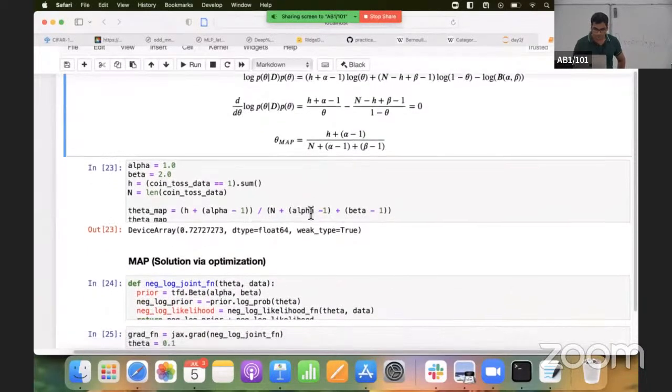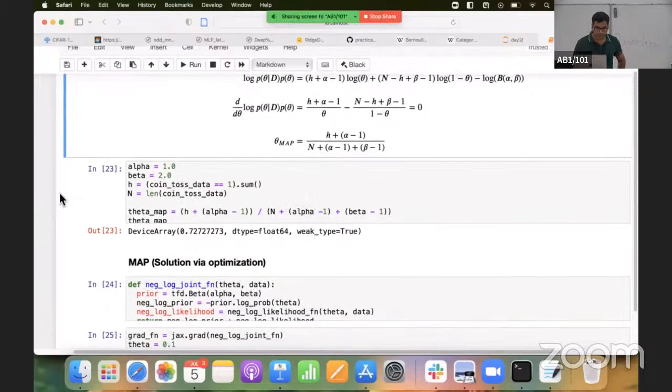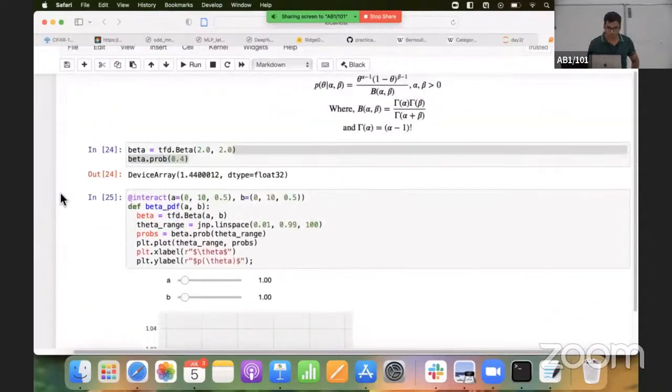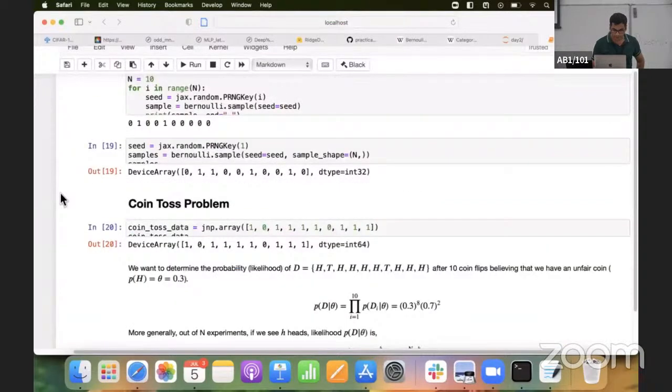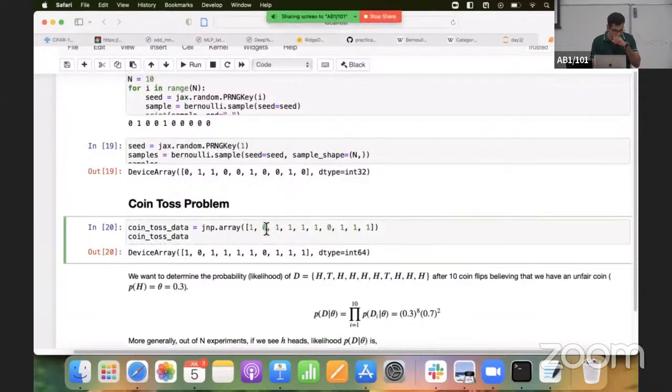So let's run the same example now. Let me actually go back and maybe just define the data set. Just for the purposes of showing that MAP works, I will change the data set to be 10 heads.